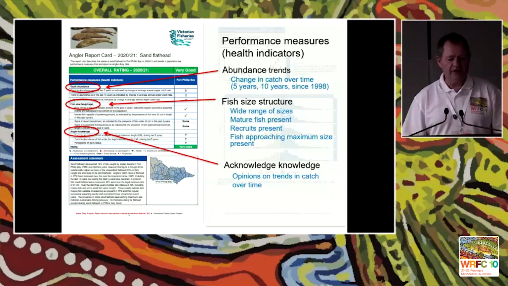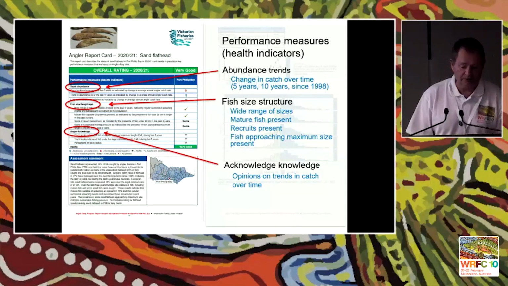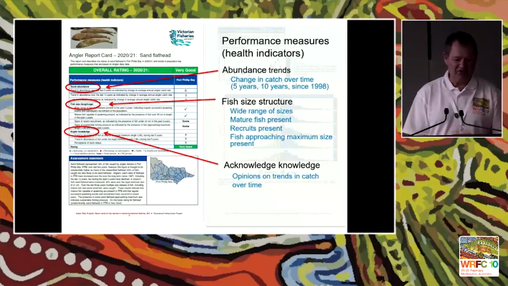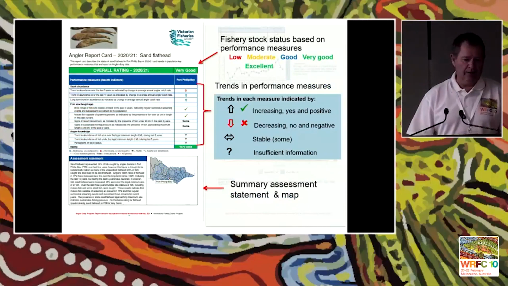We've also got information about the size structure, and we'll also add in there some angler knowledge information, not acknowledgement, knowledge, but angler knowledge. And so we think their opinions about what's happening in their fisheries is important. Below that, we've got a little statement about that particular fishery, a map of where we focused on for it, and then in terms of the trends and how we scored them.